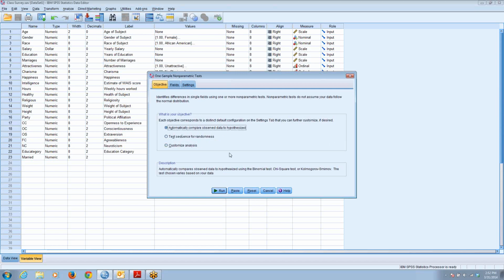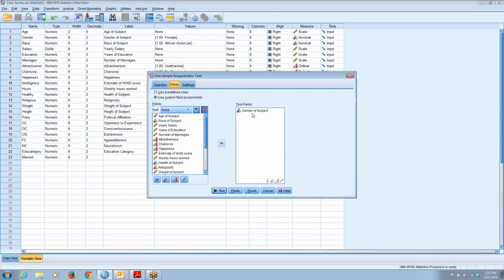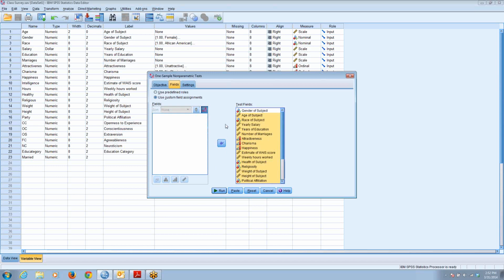Instead of automatically comparing observed data to hypothesized, we would customize the analysis. And when it comes to fields, the test fields, it just automatically puts everything in there. Here, hold on, I'll show you how it looks to begin with. It looks like this, okay?